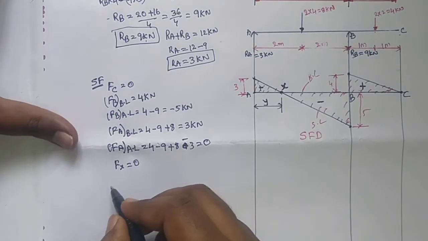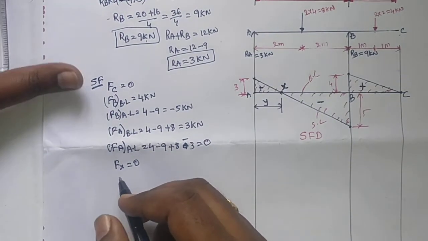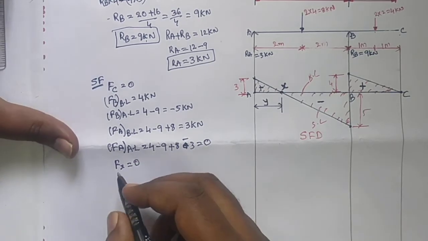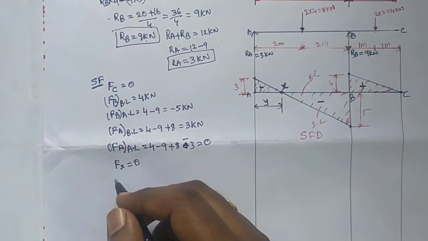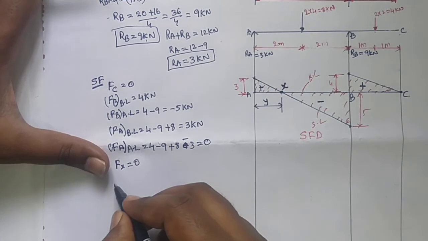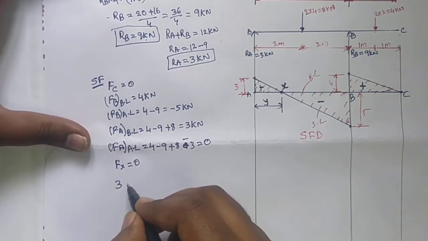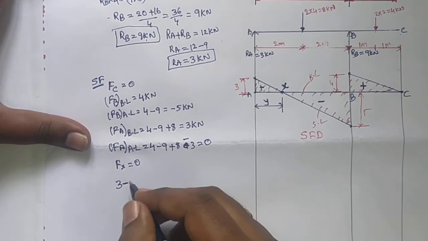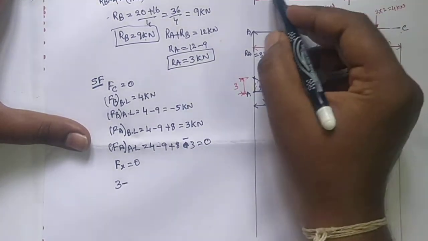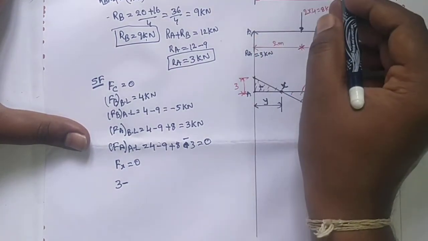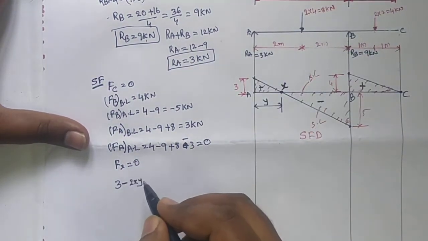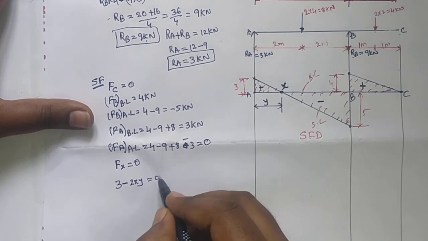RA is acting upwards. Here the sign convention is opposite to the right side, so RA acting upwards is positive, that is 3. RA is 3 kilonewtons minus the UDL acting downwards, 2 kilonewtons per meter acting over a distance of Y, equals 0.